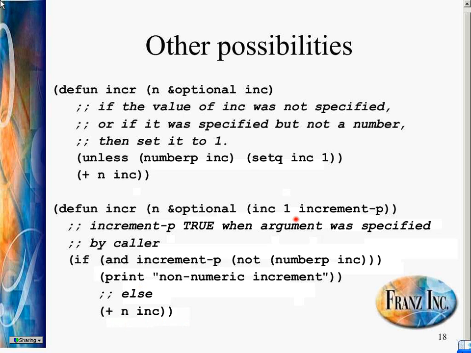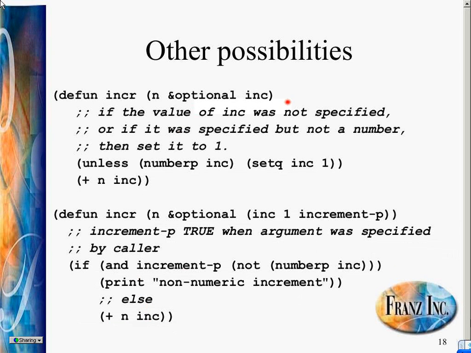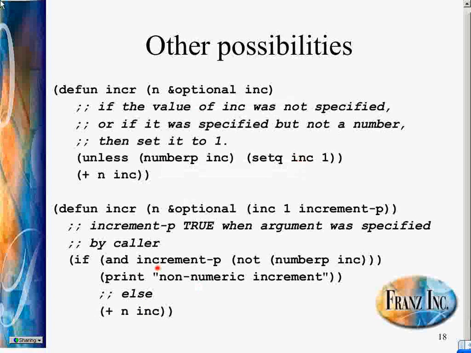Now, if it wasn't supplied, we know it's a number because we know its default value is 1. So in this first case, if we had given it a non-number, it would just ignore it and set it to 1. In the second case, if we give it a non-number, it does something other than add it to the end.